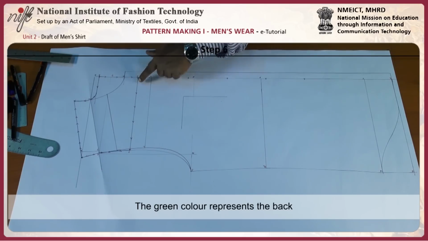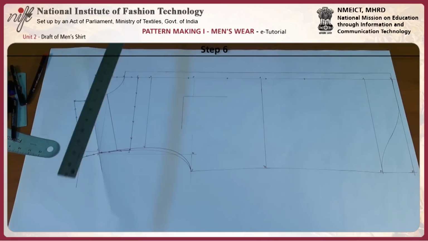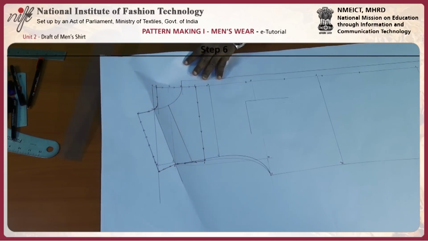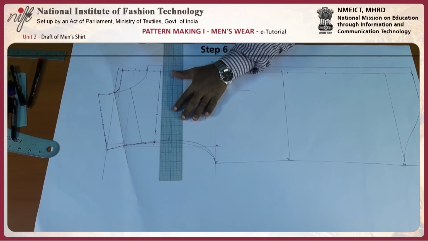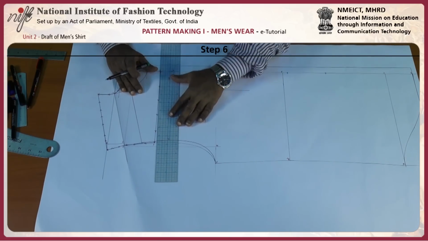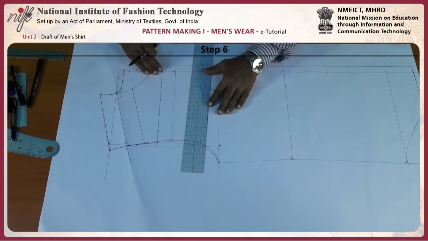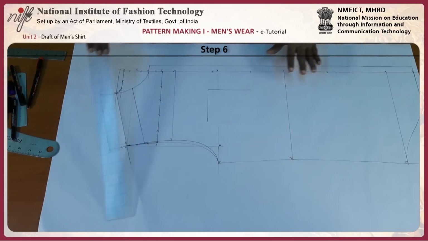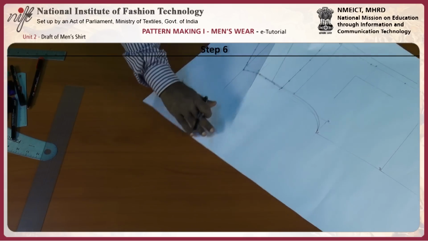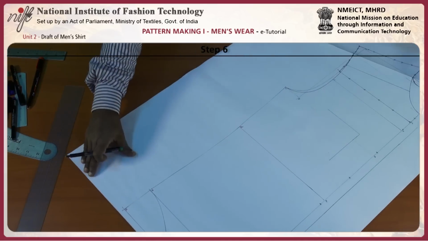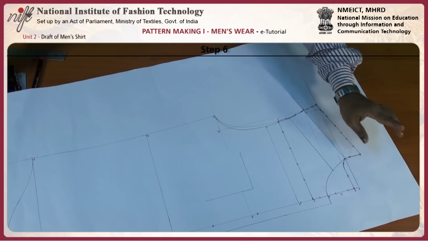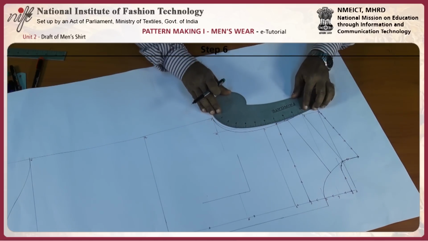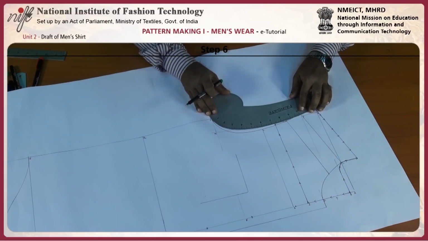See, here the shoulder line is a common line for yoke and back. So the seam line of yoke continues here and continues to the back armhole, which will be indicated with green color.